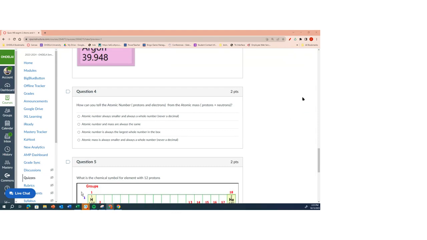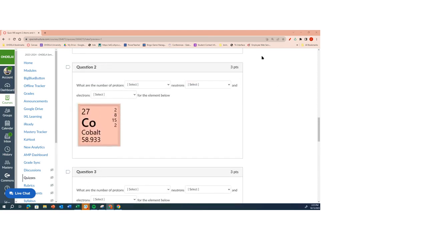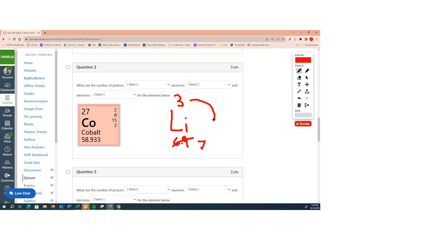Okay, so let me give you an example here. I'll draw it over here. So lithium has a number 3 on the top and a 6.9 here, right? I'm going to change that to 7. This number on the top is my protons, and I'd put 3 there.